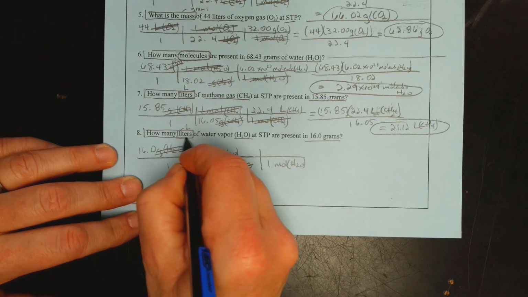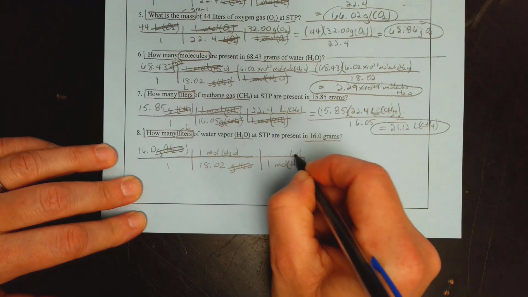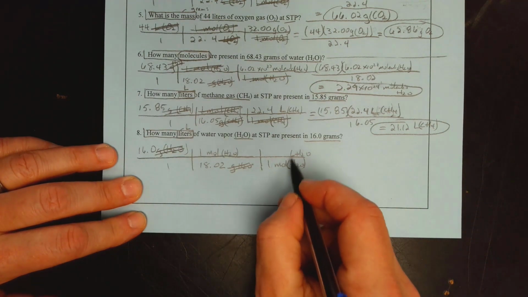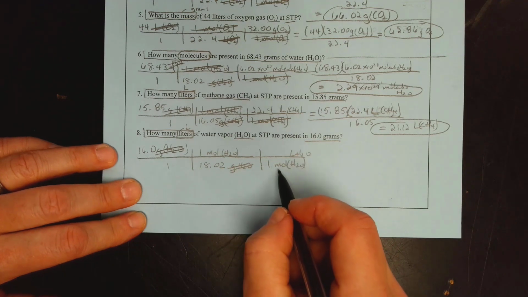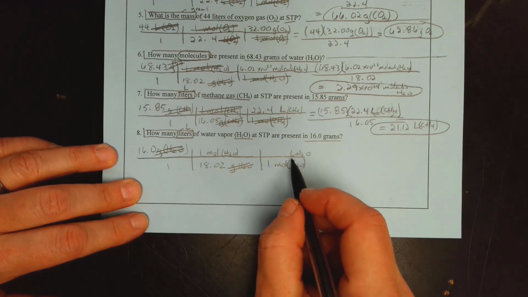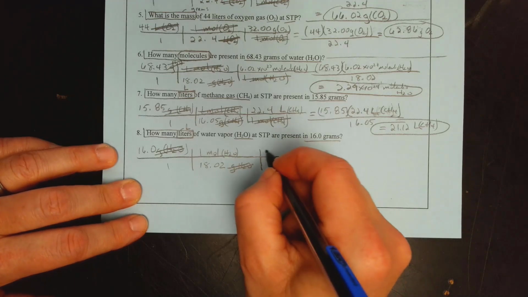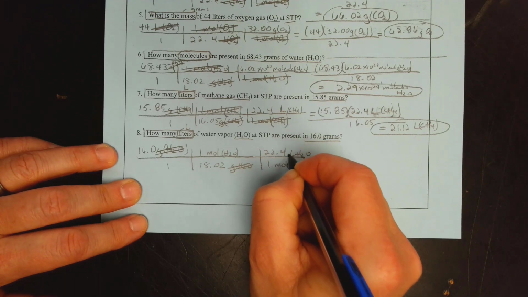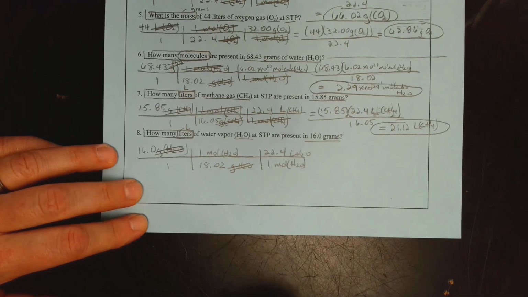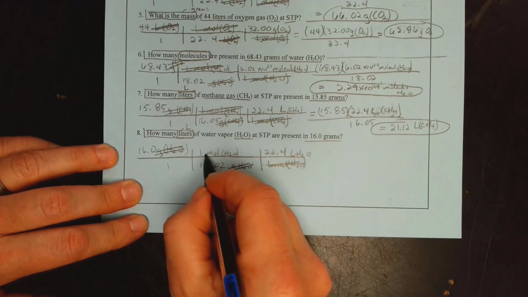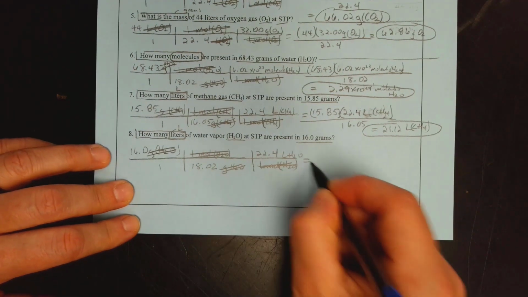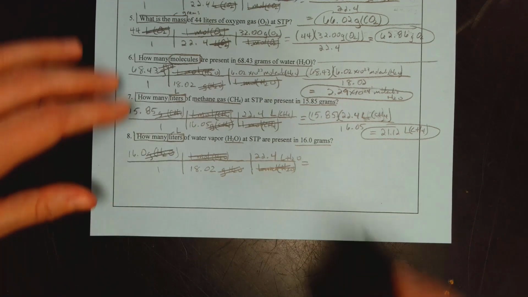And I know, you guys, that I have to end with liters of H2O. Okay. And I also know that if I have a mole of any gas, that gas occupies a space of 22.4 liters. So I'm nice and set up. Now I'm in a position to cancel here, cancel here. Let's set up that multiplication.